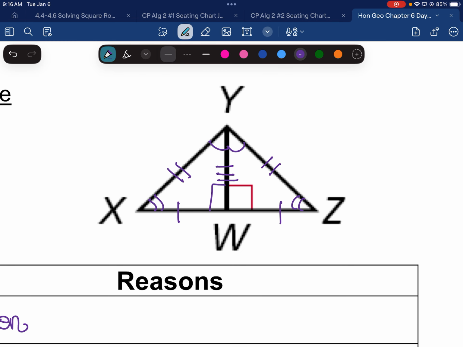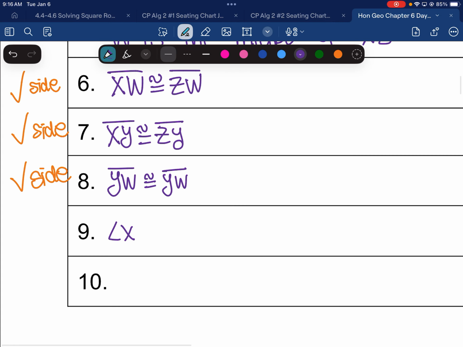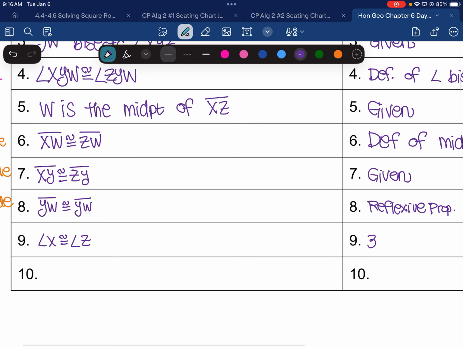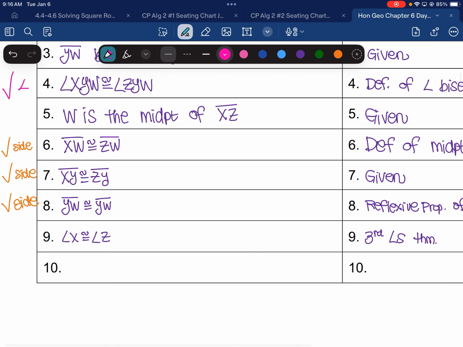You could name them with 3 letters, like YXW and YZW. Make your life easier, though. Okay? And you're right, by the third angles theorem, angle X is congruent to angle Z by the third angles theorem. So guess what? That's your third pair of angles.